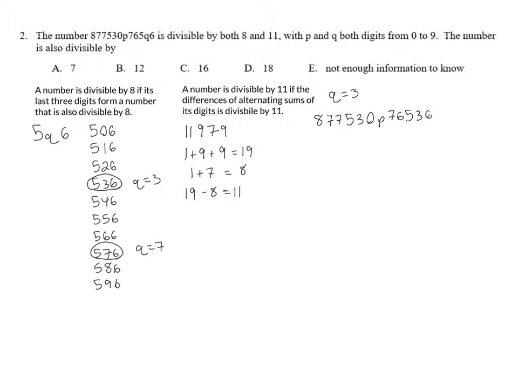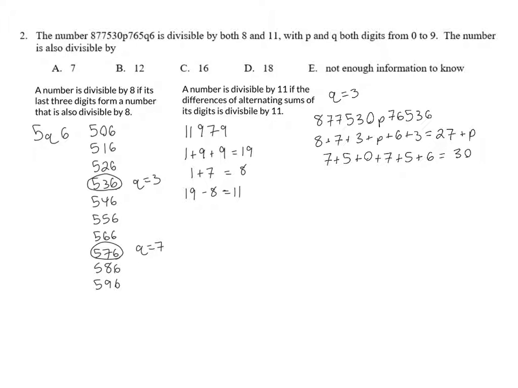If we start with the 8, that sum is going to be 8 plus 7 plus 3 plus P plus 6 plus 3, which gives us 27 plus P. If we look at the other set of alternating digits, that gives us 7 plus 5 plus 0 plus 7 plus 5 plus 6, which ends up becoming 30.